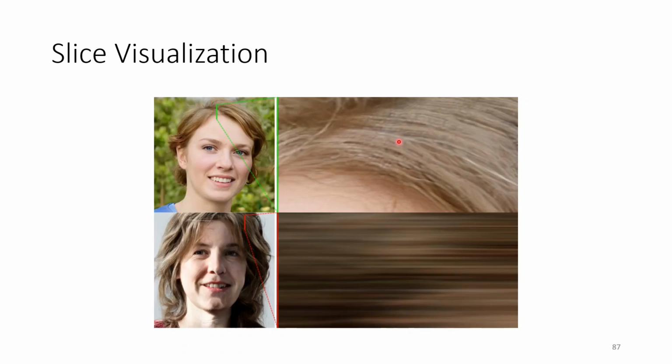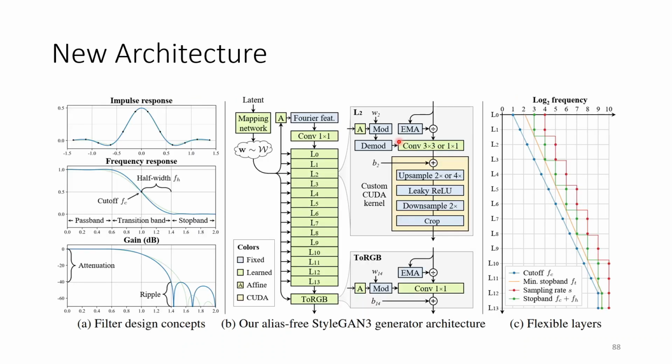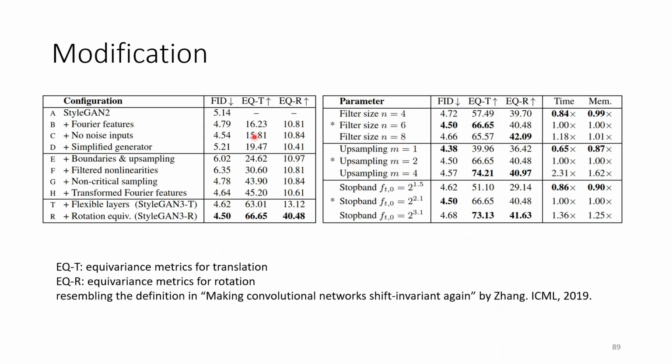But now they found that the noise, or the architecture, generates those aliasing patterns. They don't want it, so they took the noise away, and they added a lot more regularizations, and so they generated the best FID value.